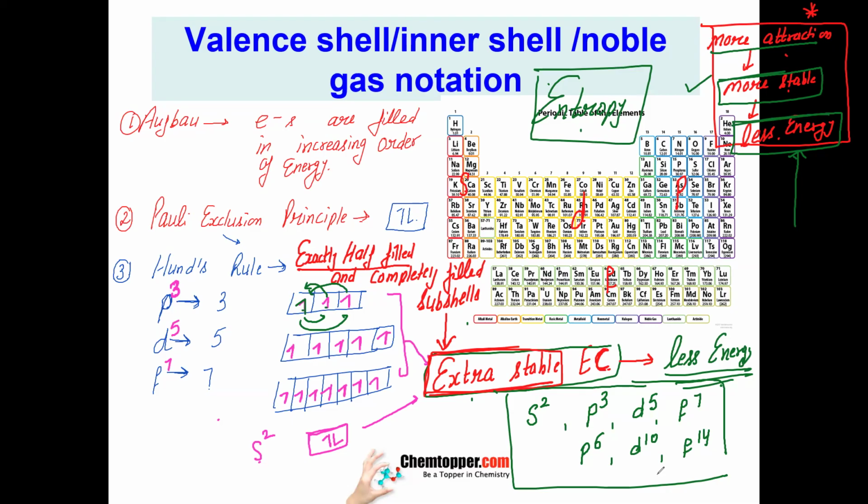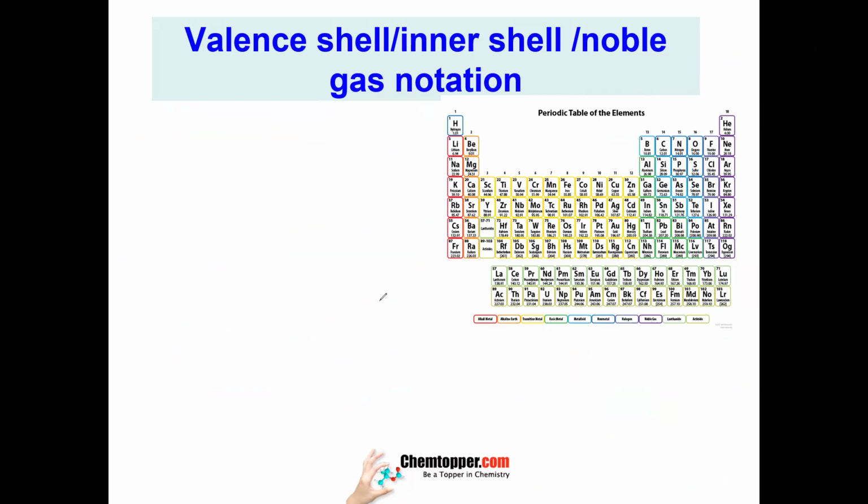Okay. Now, after learning these 3 rules and that exactly half filled and completely filled subshells are extra stable, I'm coming back to the electron configurations and we are going to decide the general configuration of every family. We are going to work first with the main periodic table.